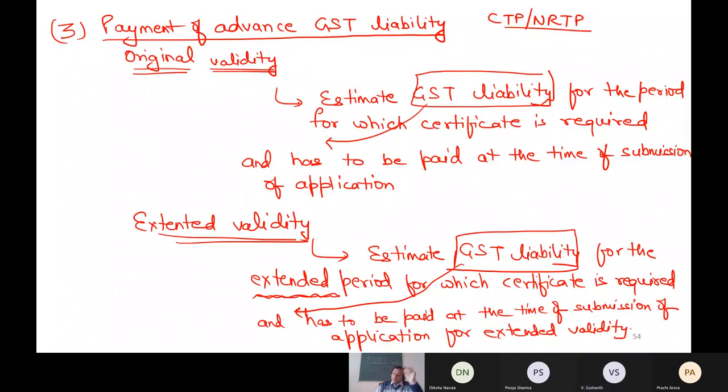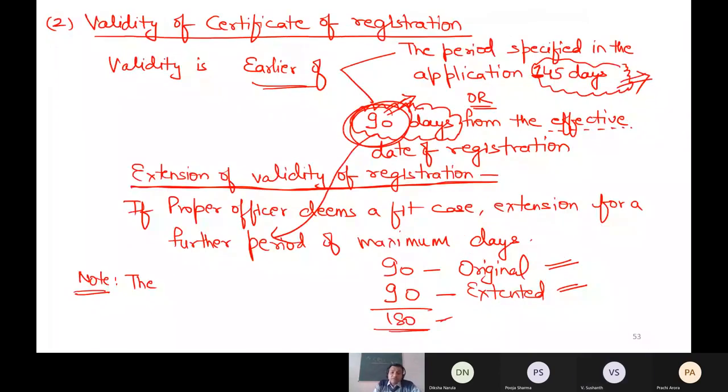Now, when I want to submit the application for extension of validity, it must be submitted before expiry of the initial validity.